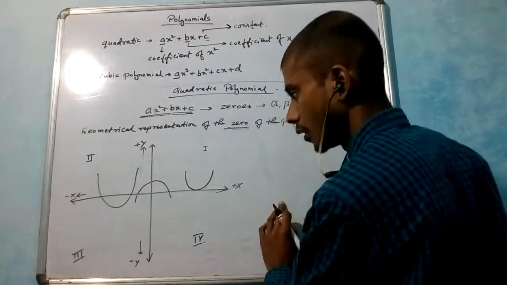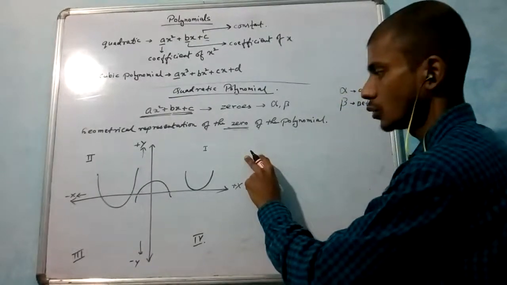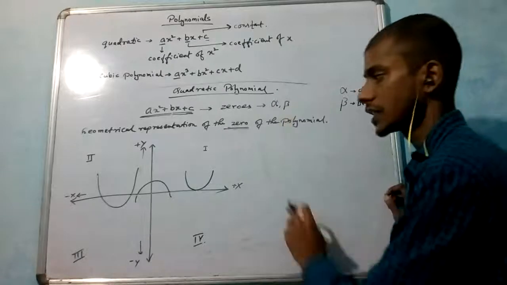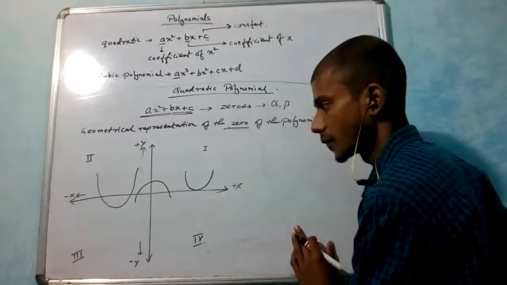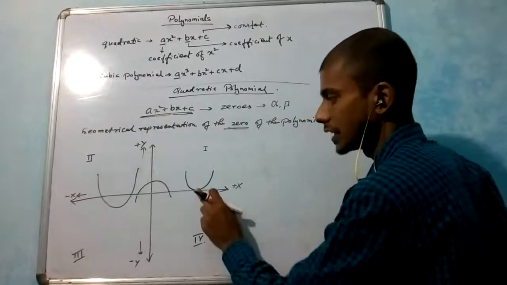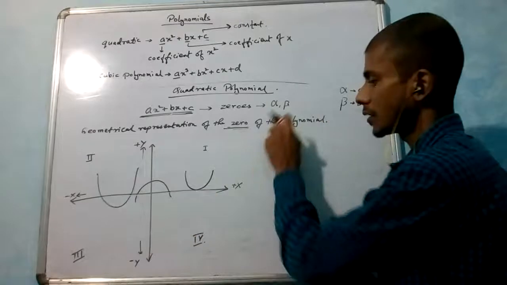One. In that case we will have the same value for both zeros. Of course, we have 2 zeros because the polynomial is quadratic, but in this case alpha and beta are both equal.